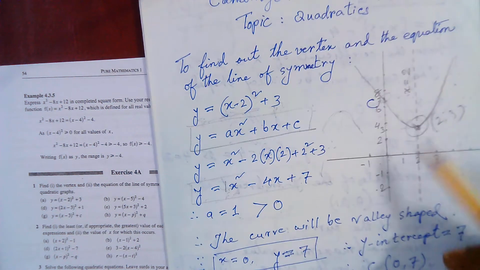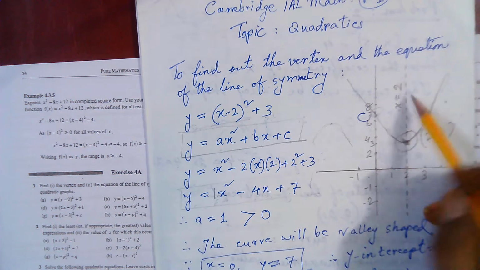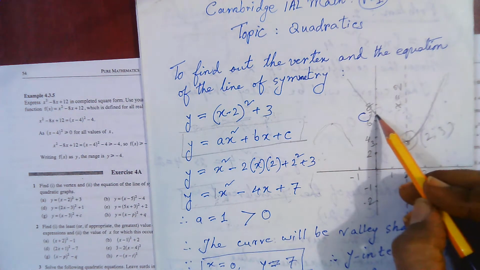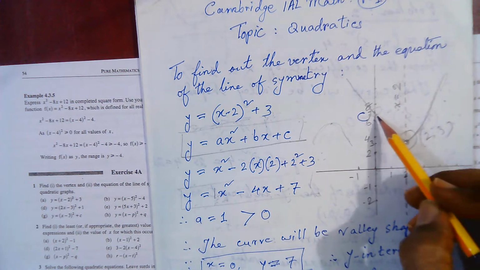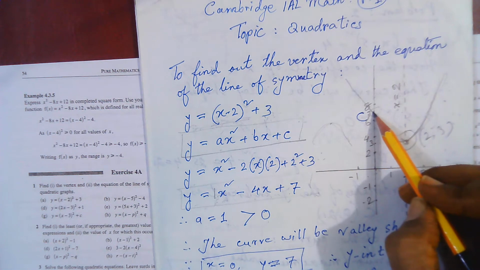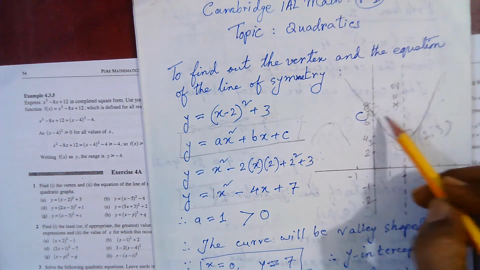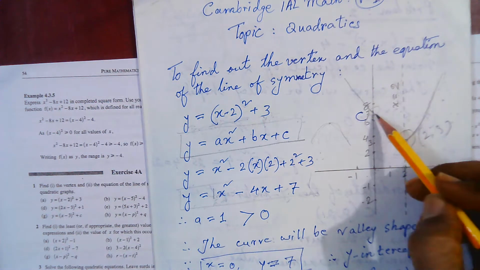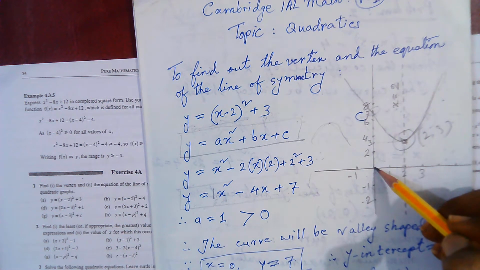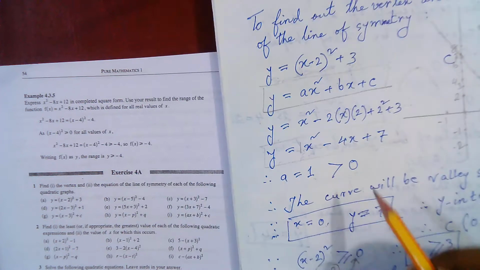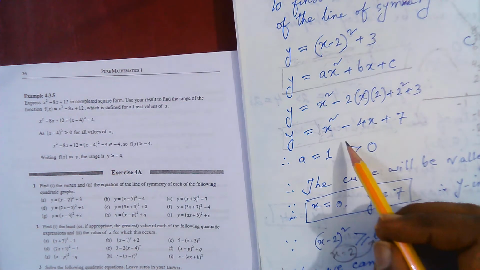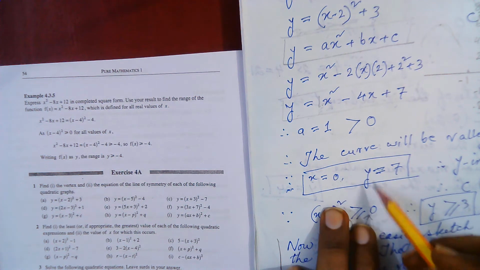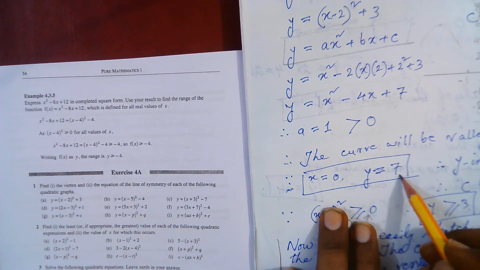Now, where the curve crosses the y-axis, we have to find out. Where the curve crosses the y-axis, here the x value will be 0. So we will put down the value x equals to 0, and we have gotten here y equals to 7.